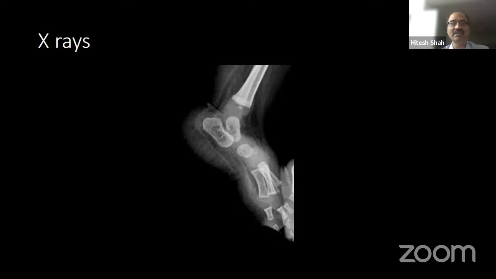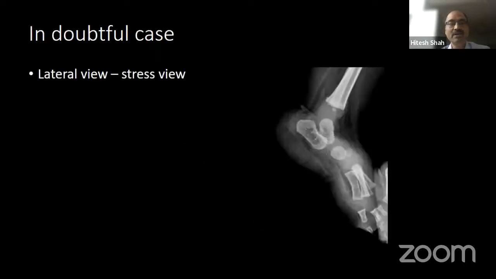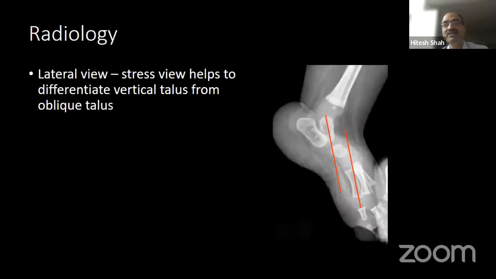If it is not maintained, that means the navicular is not in line. In the stress plantar flexion X-ray, if the lines of the first metatarsal and the talus are exactly parallel, that will be an oblique talus, and it will not be considered a vertical talus. Where it is not getting reduced, it is called the vertical talus.